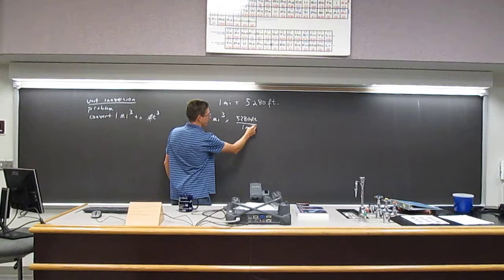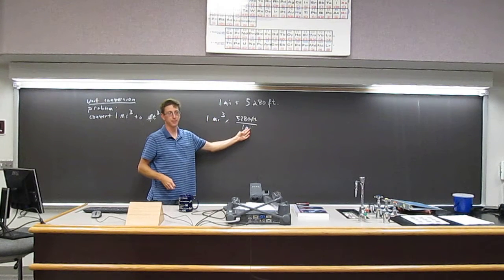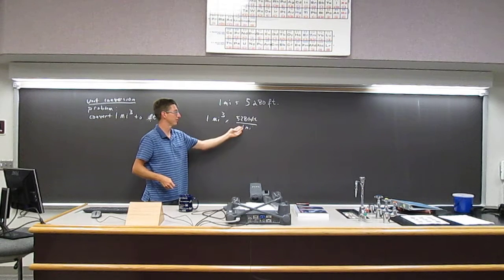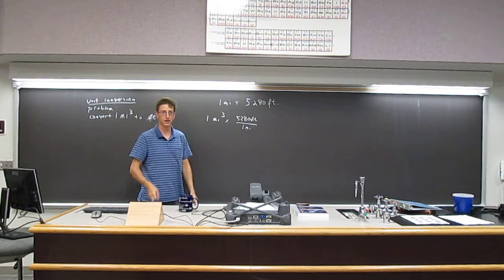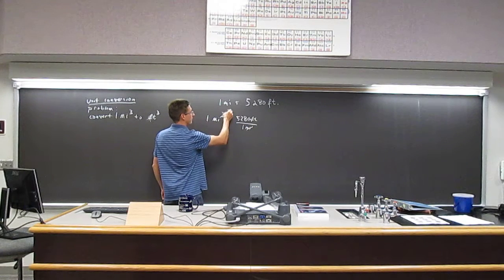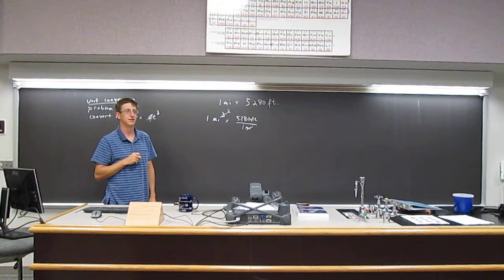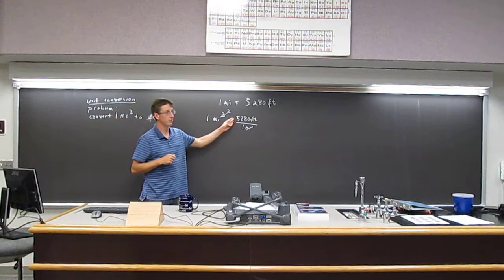The units can be considered like a variable that needs to be canceled. So if I cancel 1 mile here, I'm still left with a mile squared there. You see that? So I need to multiply by 1 again.